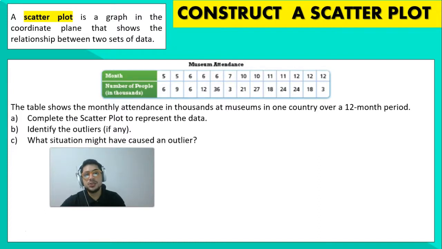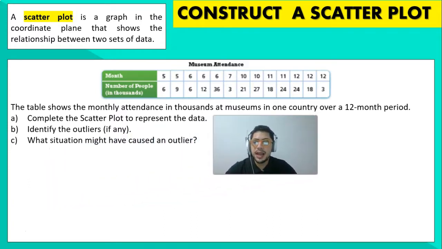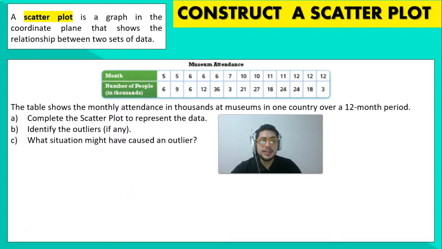This table that says museum attendance is a table that shows the monthly attendance in thousands at a museum in one country over a 12-month period. Now we're asked some things. First of all, we're asked to make the scatter plot to represent the data shown in the table, to identify any outliers, if any, right?